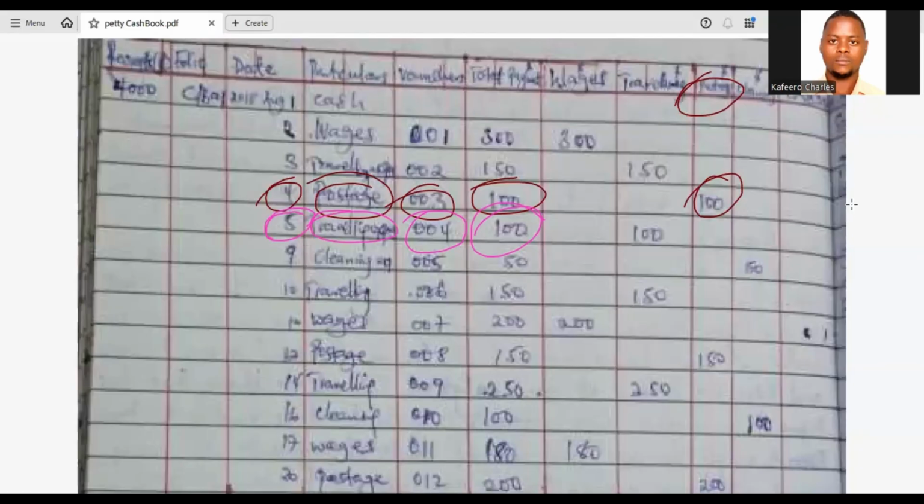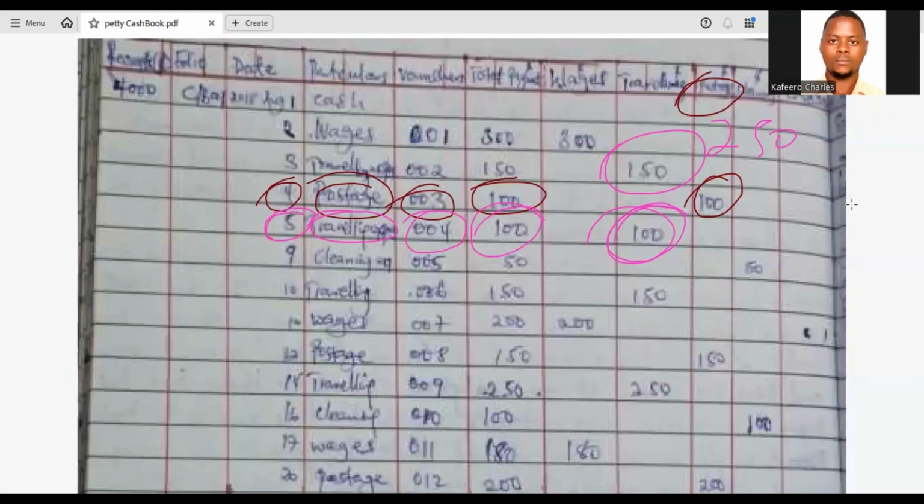So we just enter that amount in there. At the end of the day, you will be adding up: I paid $150 on the third, and I've now paid $100 on the fifth. That means I've so far paid $250 as traveling expense for the two days.